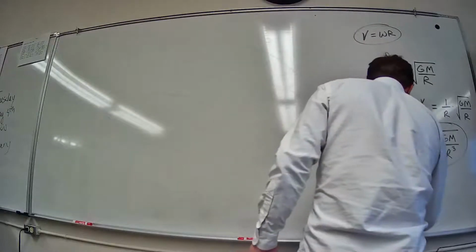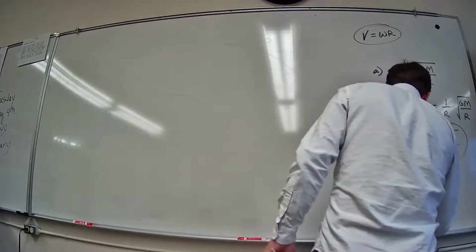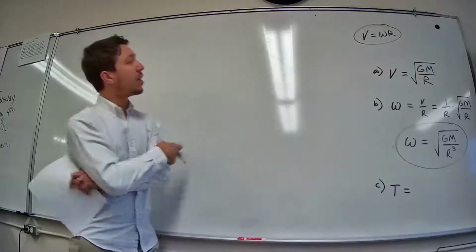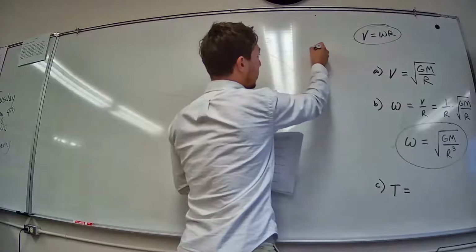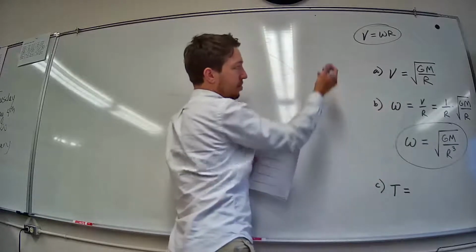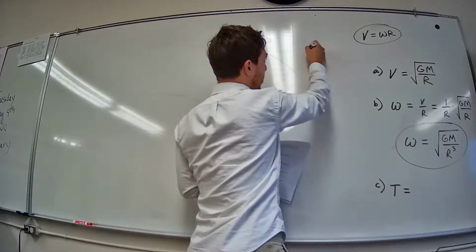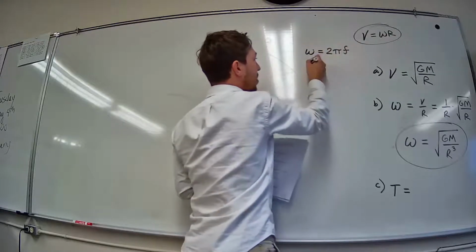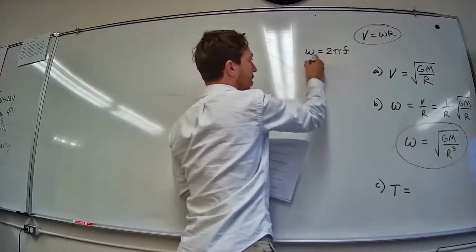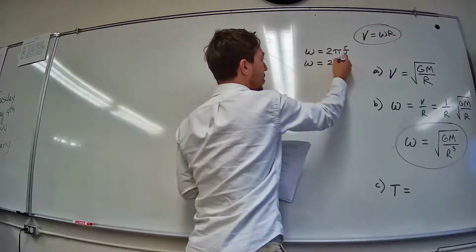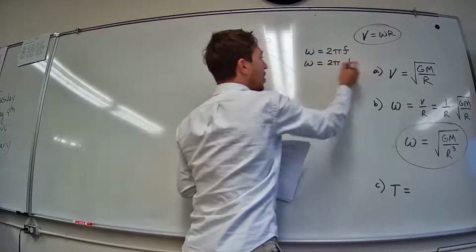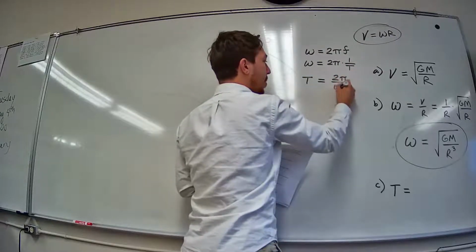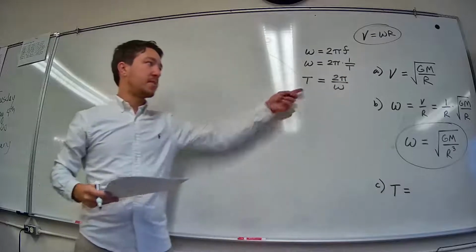Period. Got some relationships floating around here. We know that omega is 2 pi times the frequency, and the frequency is the reciprocal of the period. There's other ways to get to this. Some physics students just memorize this result sometimes.